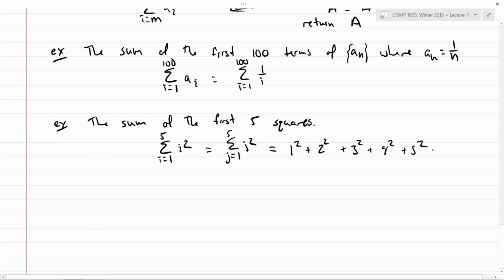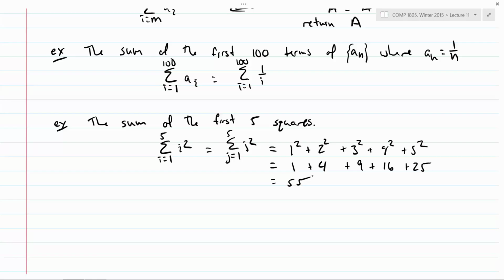That's what that expression is. Now I can simplify this. This is 1 plus 4 plus 9 plus 16 plus 25, and if you sum those together, you get 55. So the answer to this sum is 55.